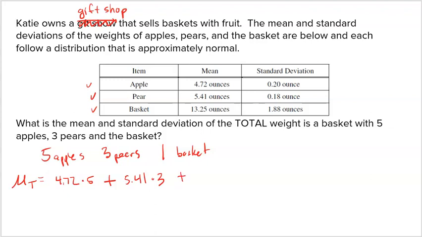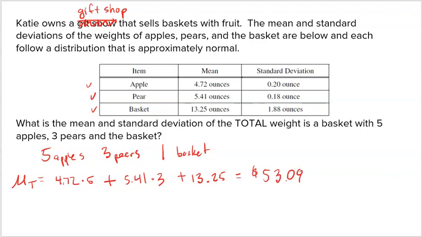And then I just have 1 basket, so I'm just going to be adding into the mix the fact that the basket weighs 13.25 ounces on average. So again, 4.72 times 5 plus 5.41 times 3, my 3 pears, plus the basket, 13.25, and this gets you 53.08.